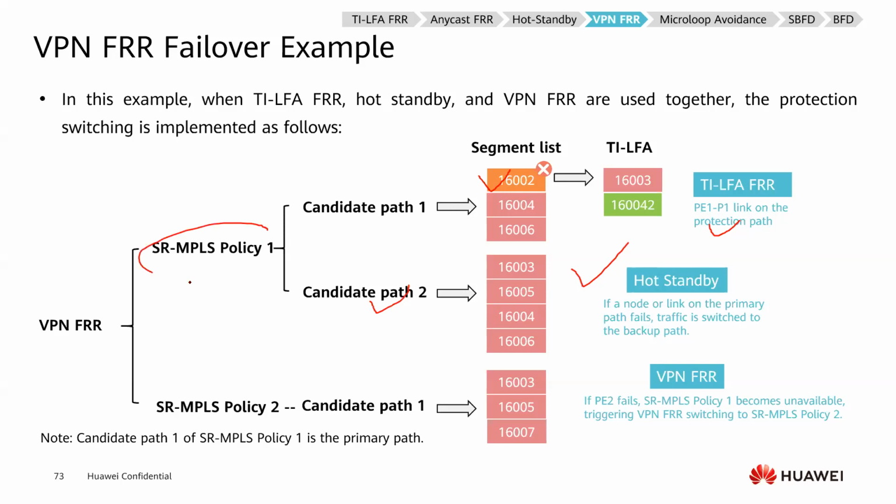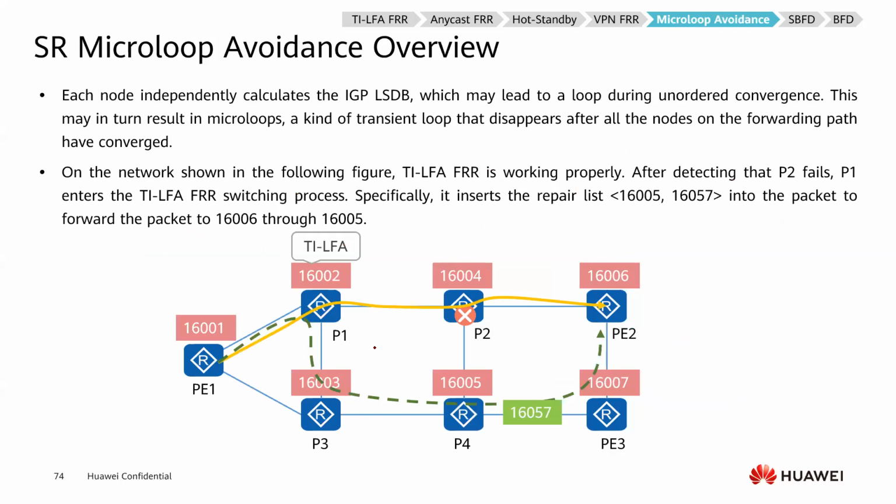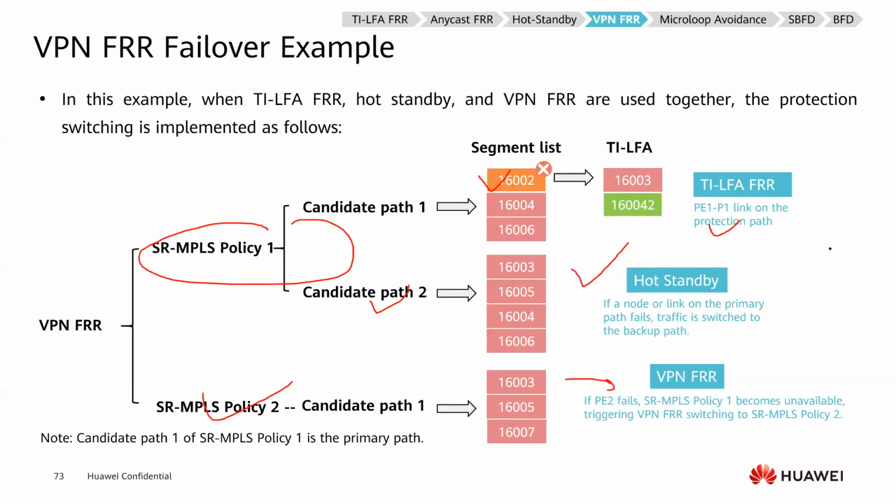And if the policy is filled, I mean the destination end is filled, then we will use VPN FR to select the best path. We'll choose another kernel to forward to its destination. Okay, so this is VPN FR. Any question for those three types of protection?